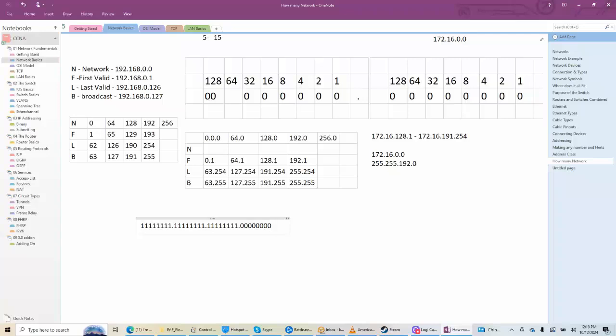Okay, that's our subnet mask for our Class C network.